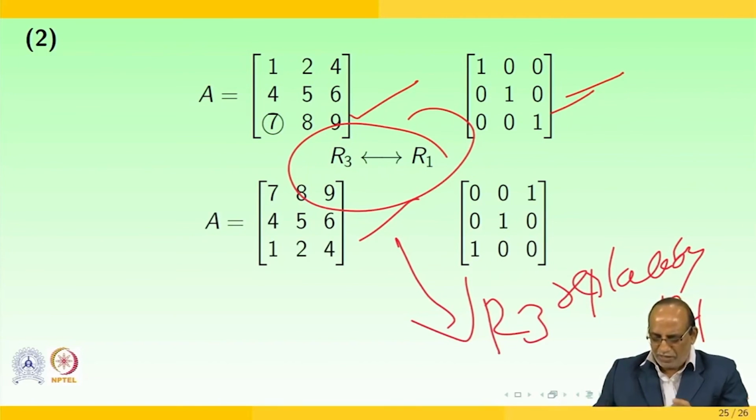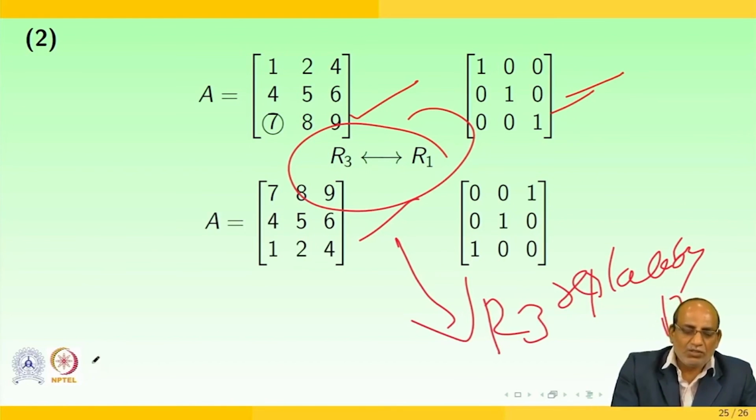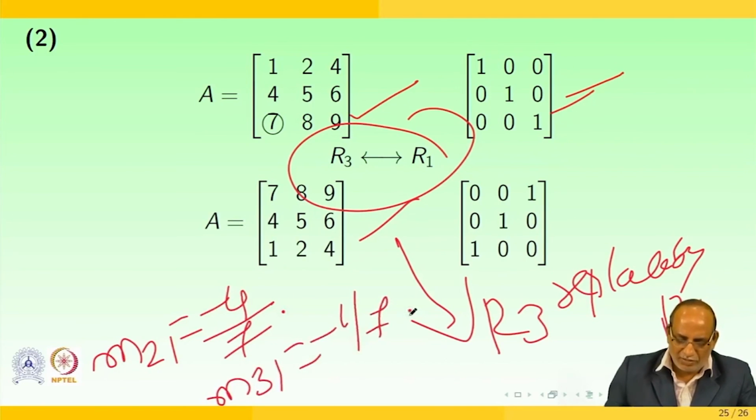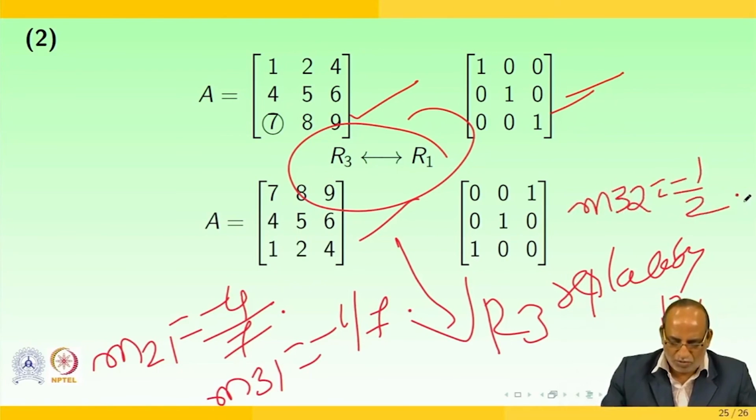You get what we call the multipliers. What are the multipliers? M21 is minus 4 by 7, and M31 is minus 1 over 7. These are the multipliers, right? And obviously M32 is equal to minus 1 over 2, right?